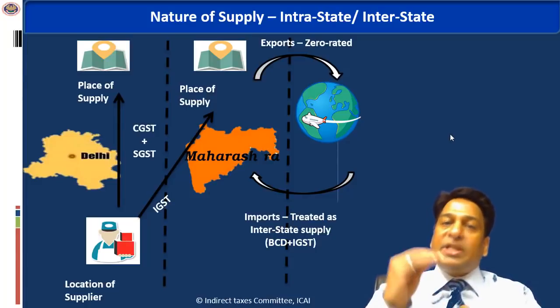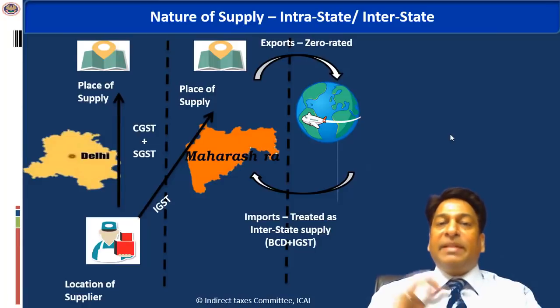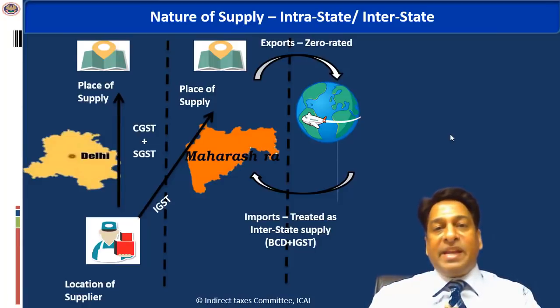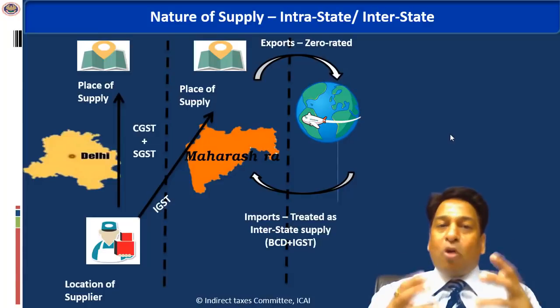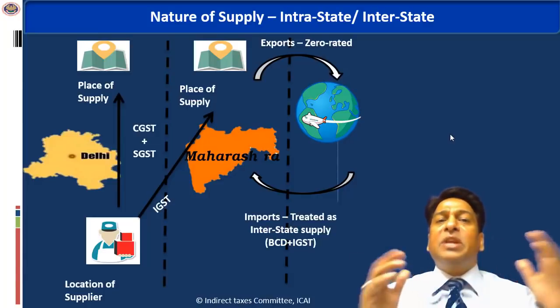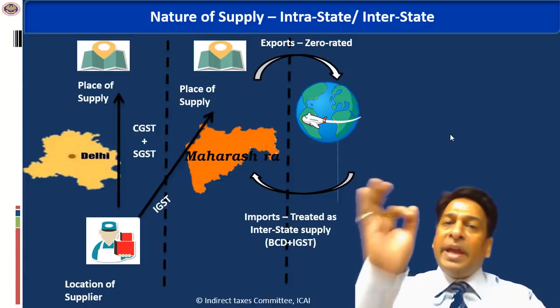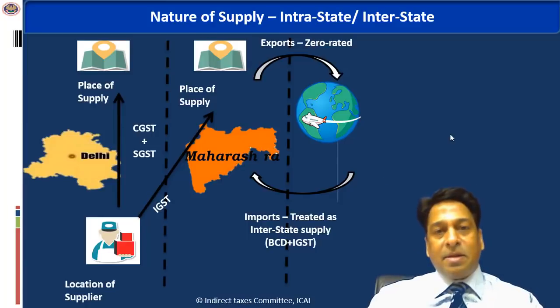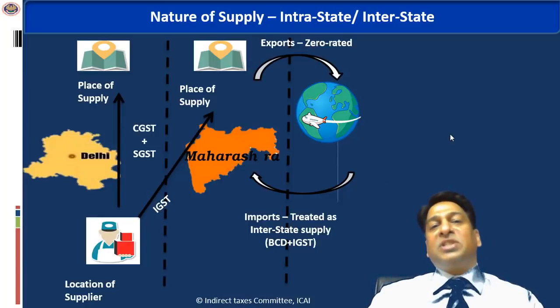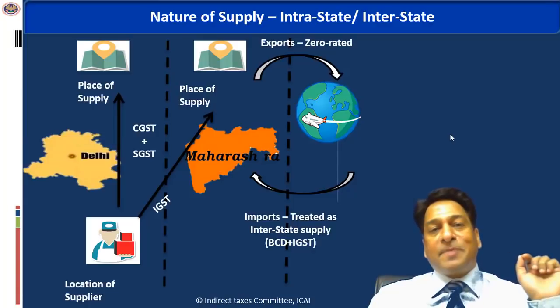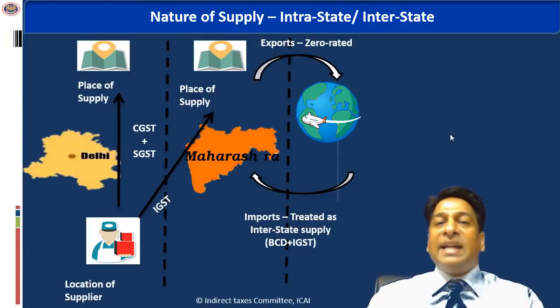If GST is leviable, then IGST is to be levied. For export, as we all know, it is zero rated, though it is interstate, but no GST is leviable in terms of Section 16 of the IGST Act 2017.